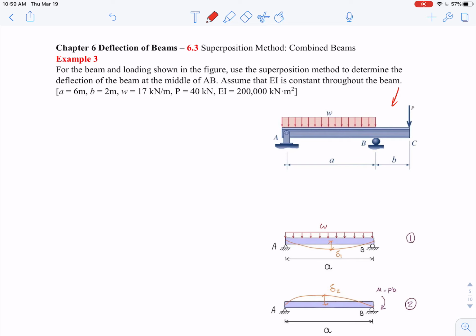P at the free end is 40 kilonewton, and the EI has been given as 200,000 kilonewton square meter. As we analyzed in the theoretical parts, we still need to split it. We can split it in the same way as we did for example 2.